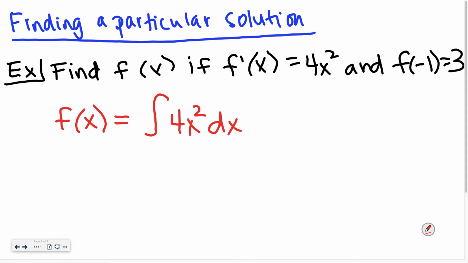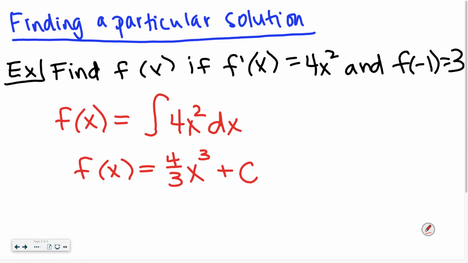Max, what would that make f of x? Good. Plus C. Important today.